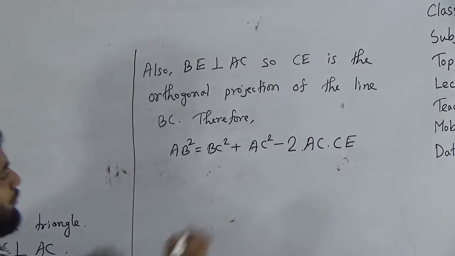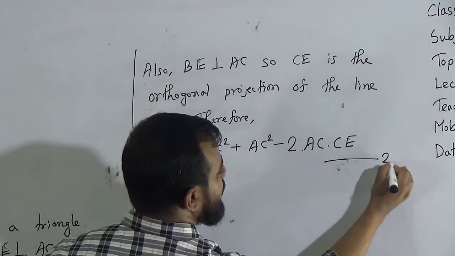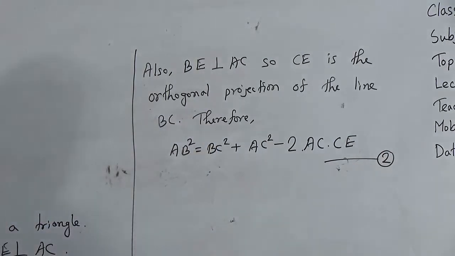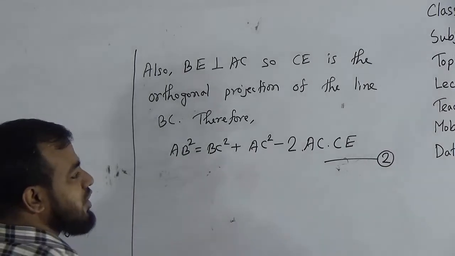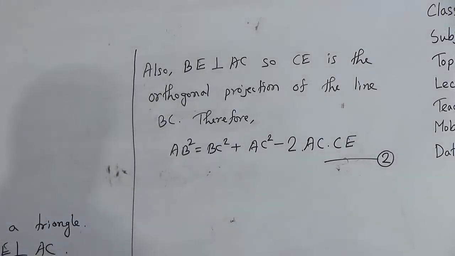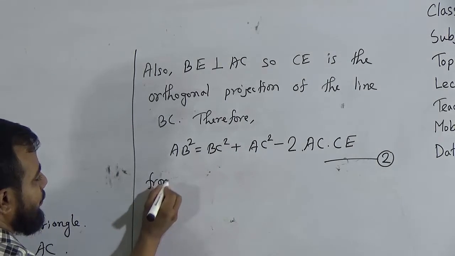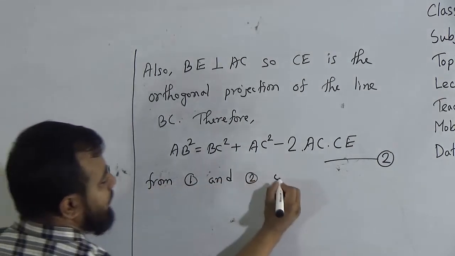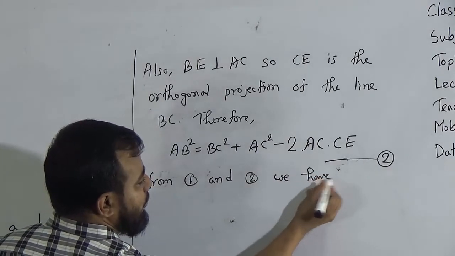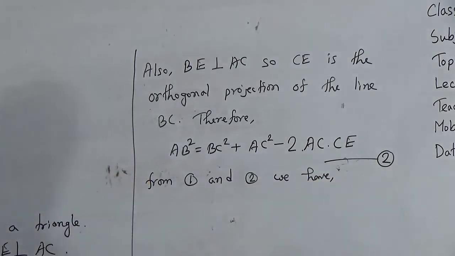Okay. Now from these two equations, dear students, look at equation 1. Equation 1 says the value of AB square is equal to this one, and equation 2 says that the value of AB square is equal to this one. So these two values must be equal to each other. So from 1 and 2 we can write down this one equal to that one.